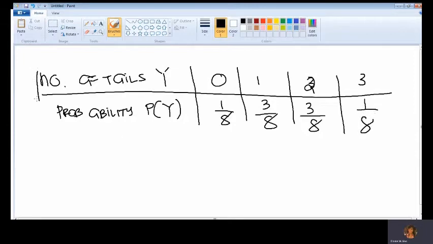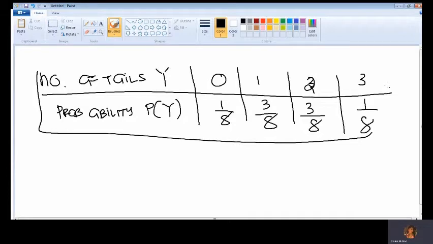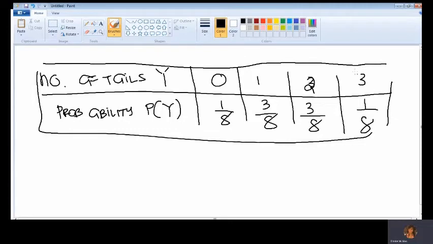So this will be the probability distribution or the probability mass function of the discrete random variable y.